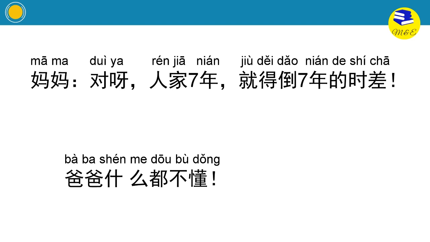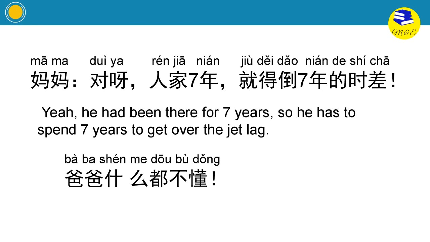Okay, and the next. She's kidding here. She just said that then he needs to spend 7 years to adjust his jet lag. Yes, you're right. It's very funny, right? Actually, it's not true, of course. If it took such a long time, no one would dare to travel around the world.